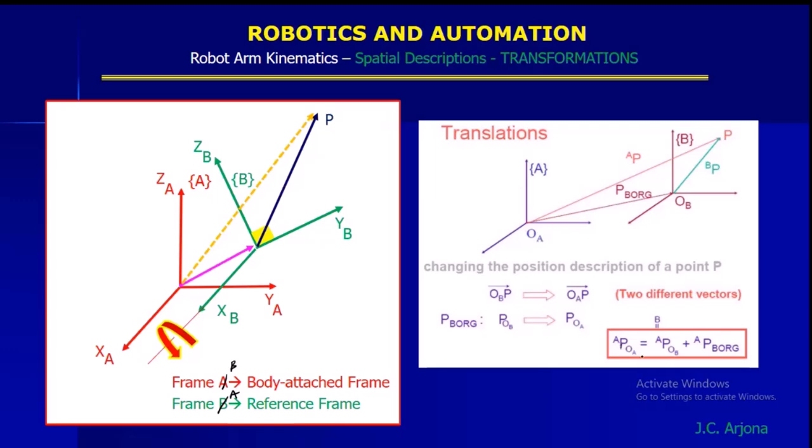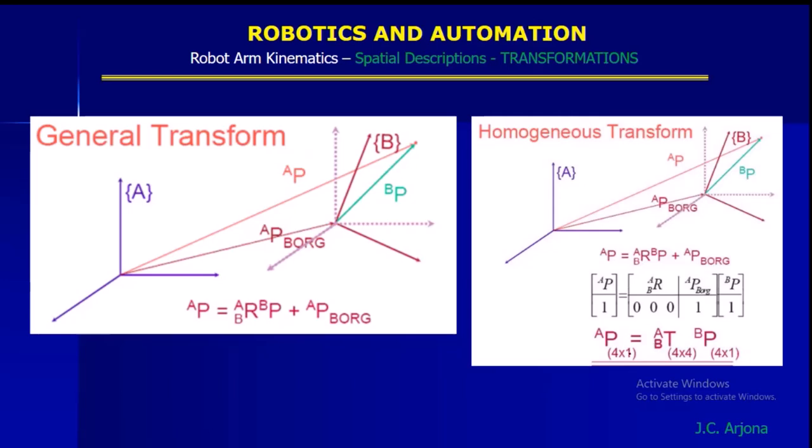The final position is equal to the PBORG plus the P to B. This is the P to B, this one. Since this P to B underwent rotation, we summarize the transformation.